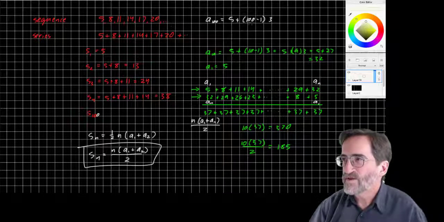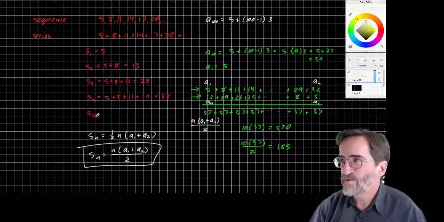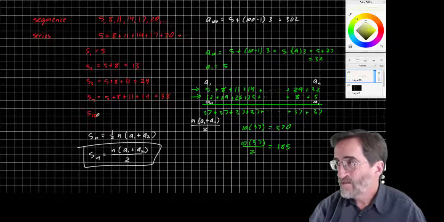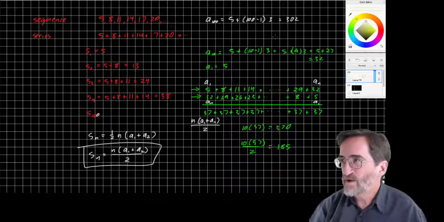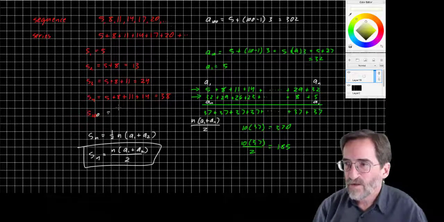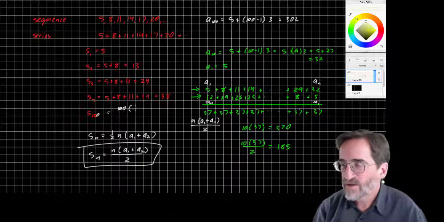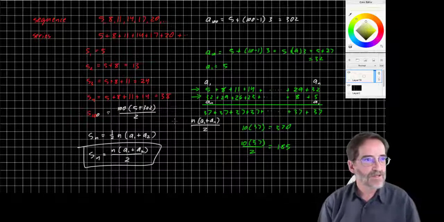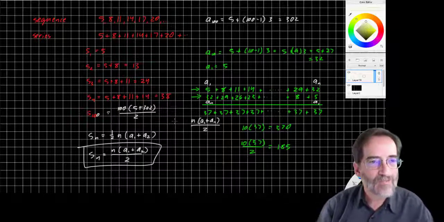I think of it this way, actually. 100 times 3 is 300, less 3 is 297, plus 5 is 302. Yes, it comes to 302. So the 100th sum is going to be 100 times 5 plus 302, divided by 2. Okay? And I'll leave you to do the arithmetic. And that's it. That's the nth partial sum.